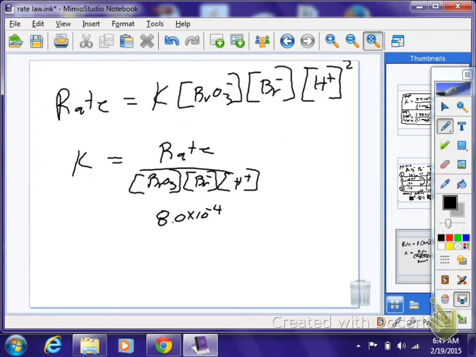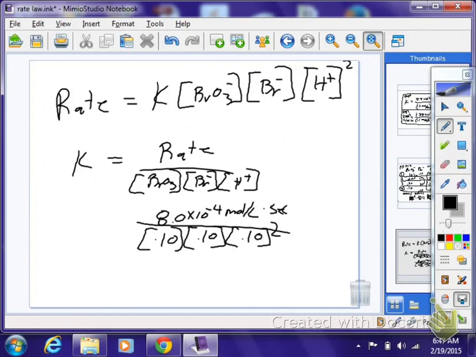That would be moles over liters times seconds per second. Okay? And then we would put in our different concentrations. So we put in, this will be real easy, 0.1 times 0.1 and 0.1 squared. Alright?